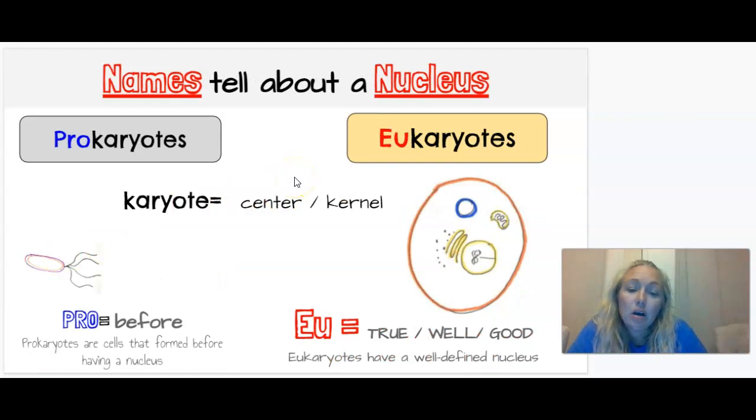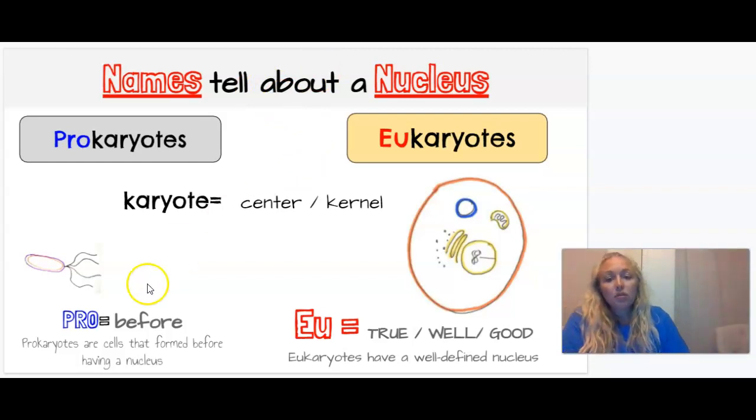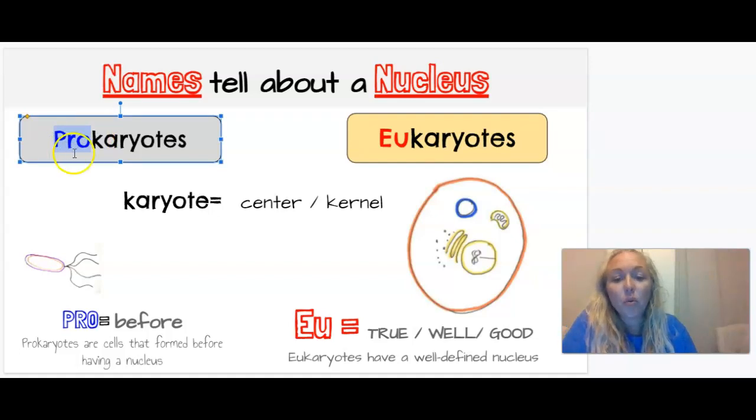This is based on the meanings of the root words of prokaryote and eukaryote. So prokaryote and eukaryote sound like really big words, and they are, but pro, the Latin root, actually means before, and eu actually means true or well or good.